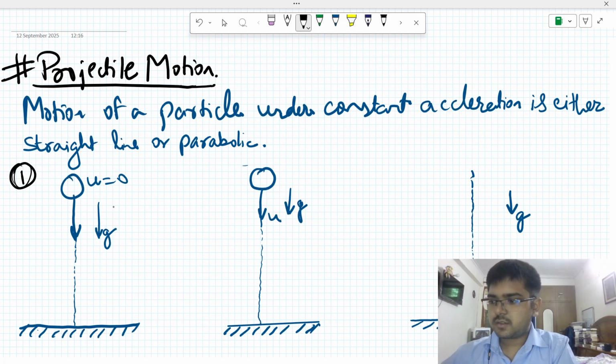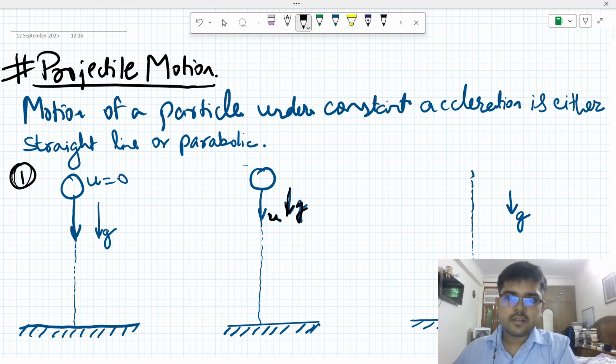Yeah. So initial velocity of the particle is 0 here. Then the second case is initial velocity of the particle is in the direction of constant acceleration. So we have some initial velocity u given here, and it is in the direction of the constant acceleration g.